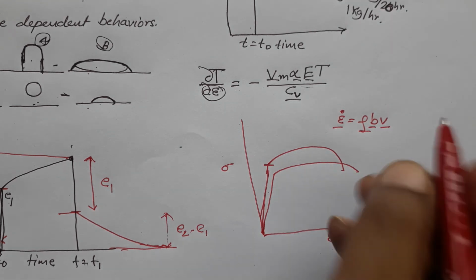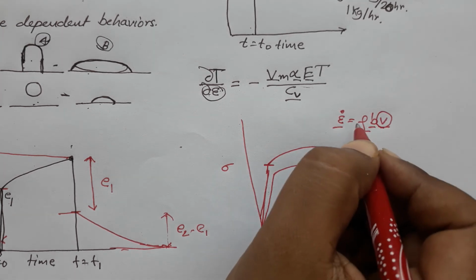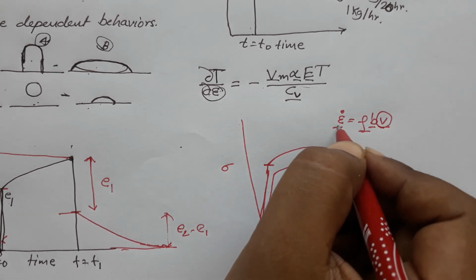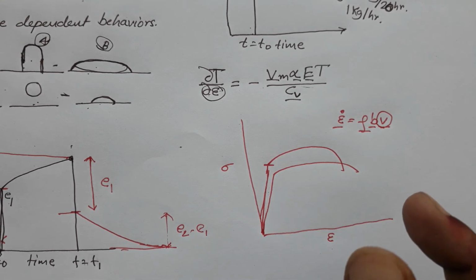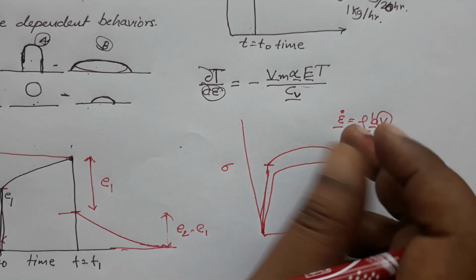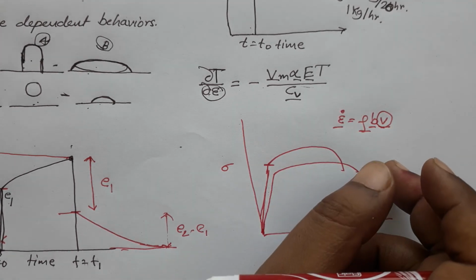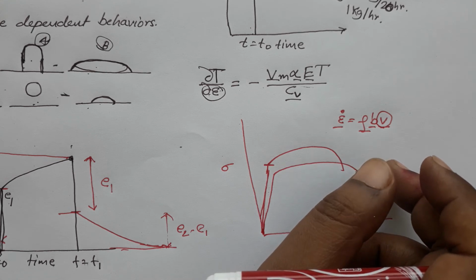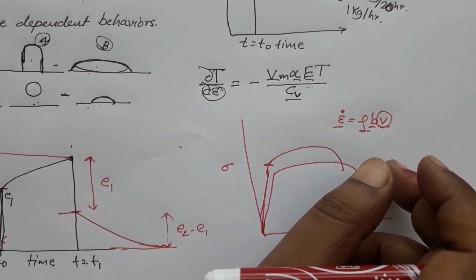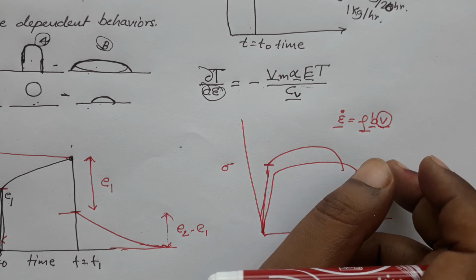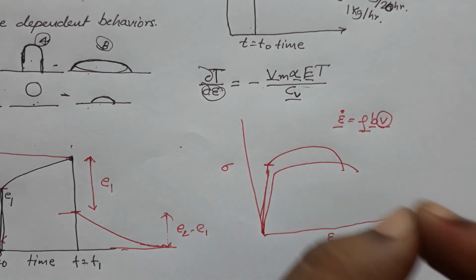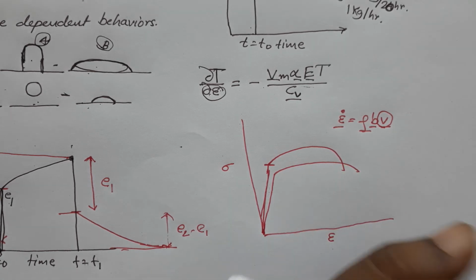So, the velocity of dislocation, of course, if you change the strain rate, that means if you allow less time, if you increase the strain rate, that means you are allowing, let us say, 10% of strain in 1 second in comparison to 2% of strain in 1 second. So, you are trying to deform the material more in less time.